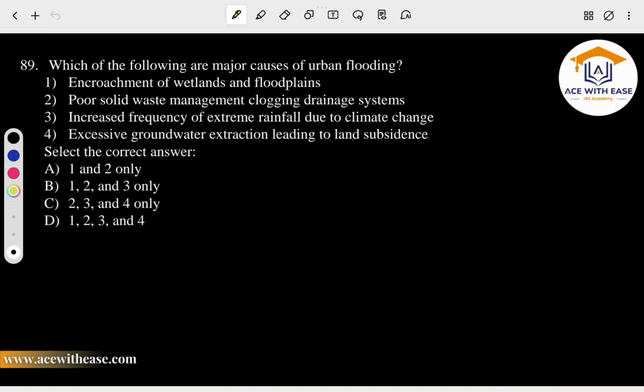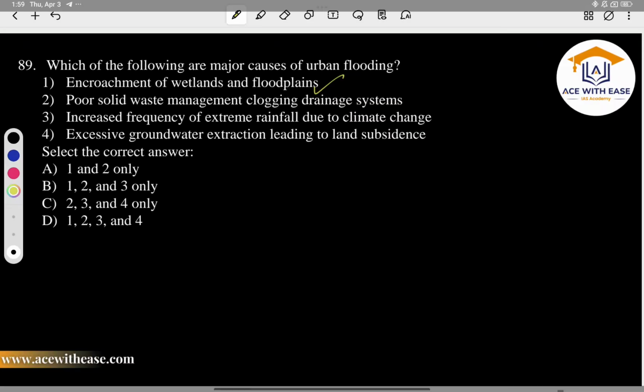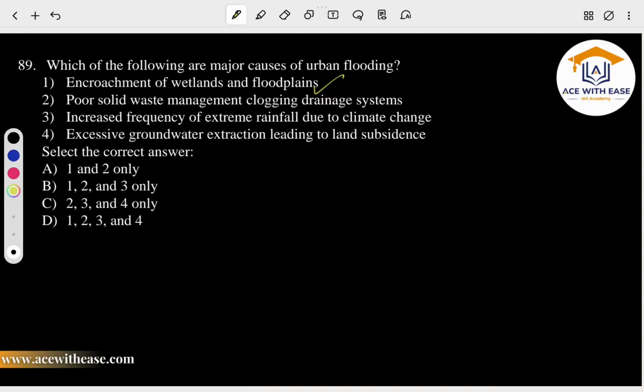89. Which of the following are major causes of urban flooding? Encroachment of wetlands and floodplains: yes, because these wetlands and floodplains are being encroached largely. The water is not going towards lakes and ponds; instead, waterlogged conditions are present.